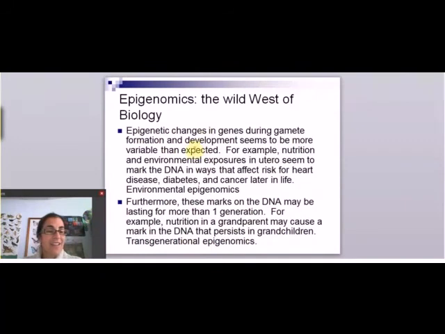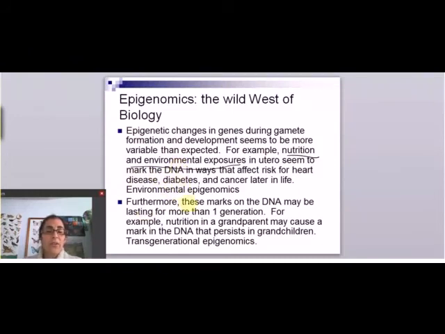Imprinting is really, really fascinating to me. I call it the Wild West of biology, and I think this is an area where we're going to see a lot of research in the future because we're finding out that there's a huge impact of nutrition and environment in imprinting that seem to mark the DNA in ways that affect our risk for heart disease, diabetes, and cancer later in life.